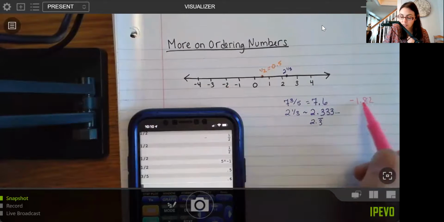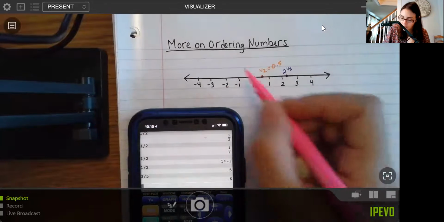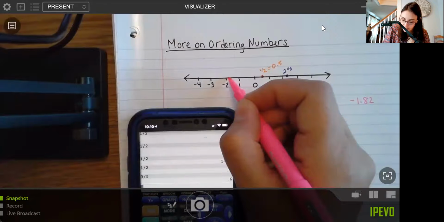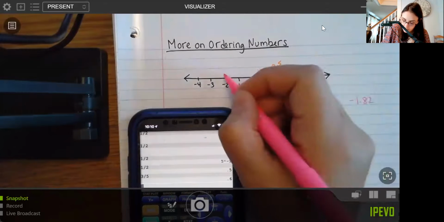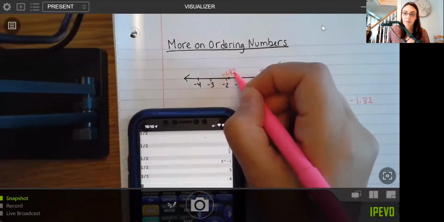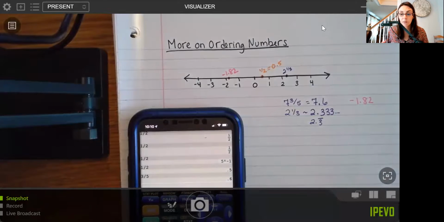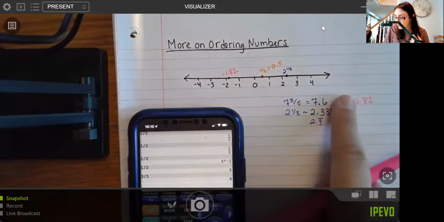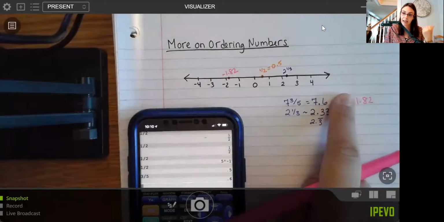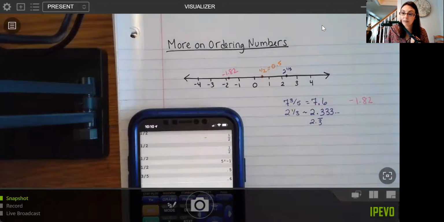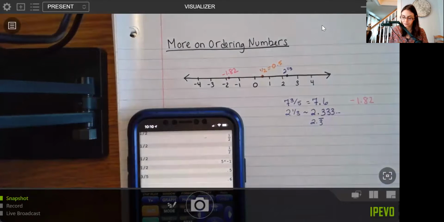And it's closer to the 2 value. So I'm just going to put this closer to -2 here. So maybe it's about right there. Okay, and we can just estimate that way. You just want to be careful with your negatives. Remember that the larger the positive value would be, actually the more negative it is. So the further it goes to the left on that number line.